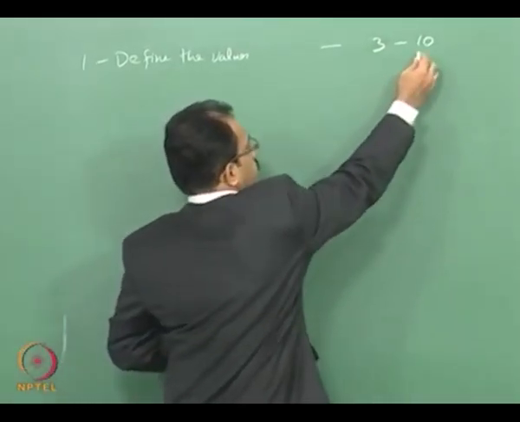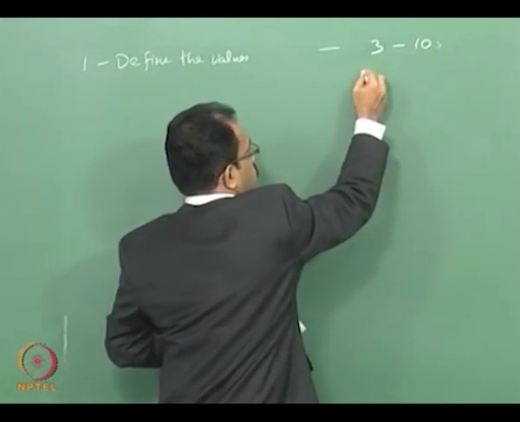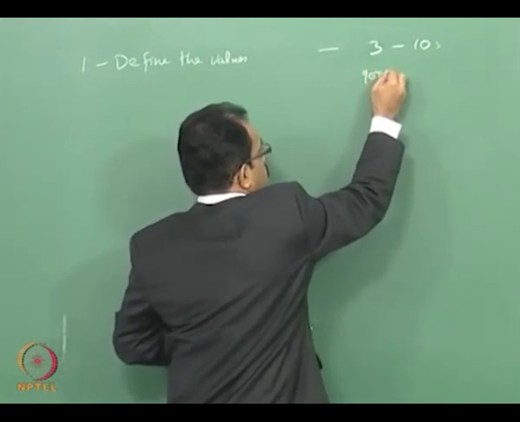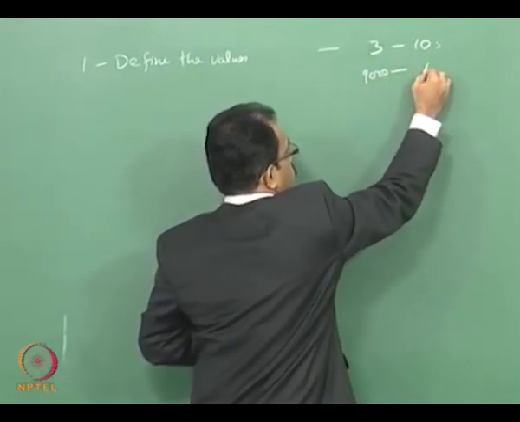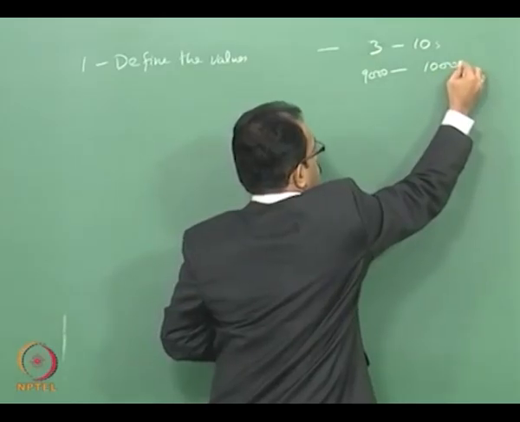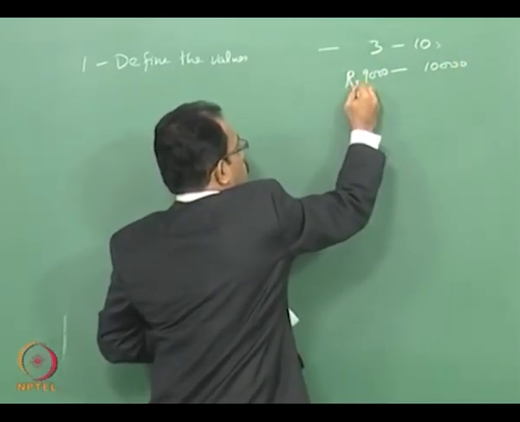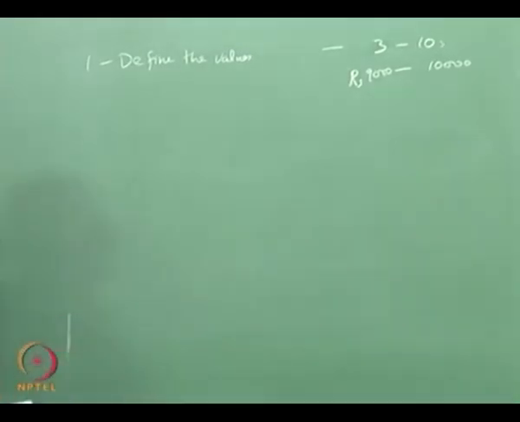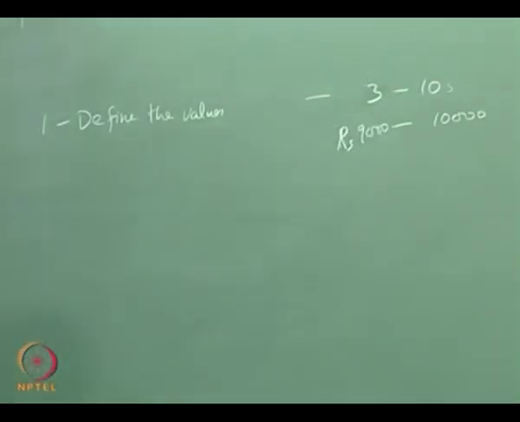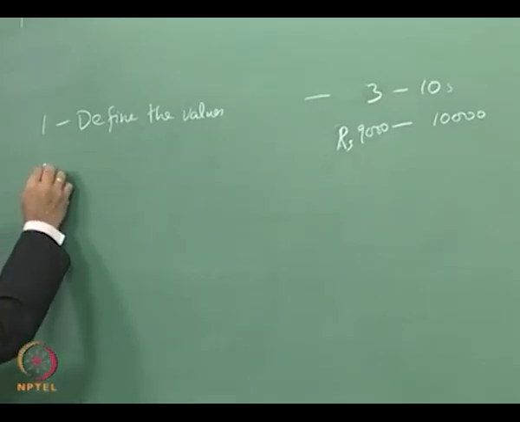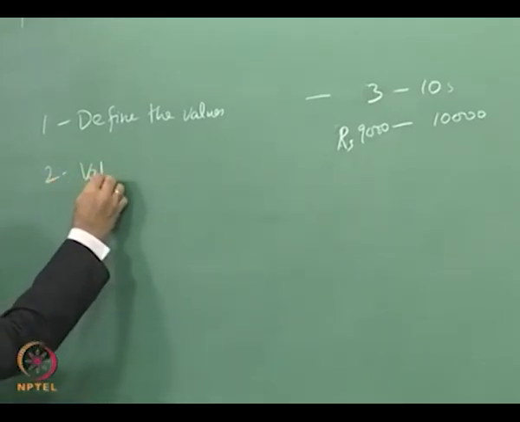So it can be 3 to 10 seconds, or you can say the cost, which should vary from 9,000 minimum cost and maximum you can go for is up to 10,000 rupees. So this way we can define the values for various objectives, and then define value curves for value functions. So that is define value functions.